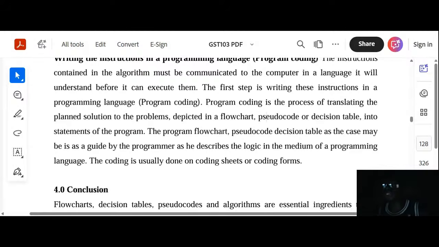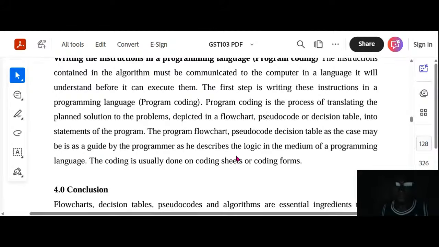In other words, flowchart, pseudocode, and decision table are all methods of drafting your way of solving a problem. They all revolve around drafting and designing the solution to the problem you have on ground, coming up with the logic that you will use to solve it.